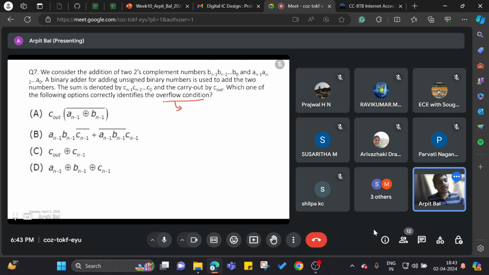When I say that an overflow has occurred, it means two same signed binary numbers are added and the result of these numbers has a different sign.